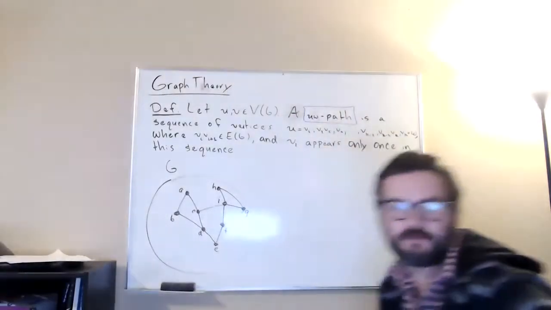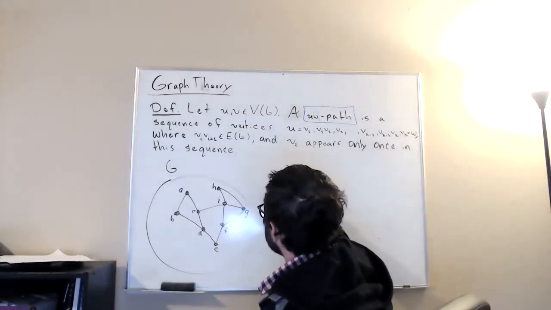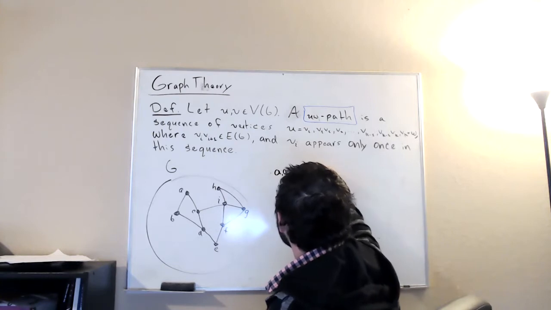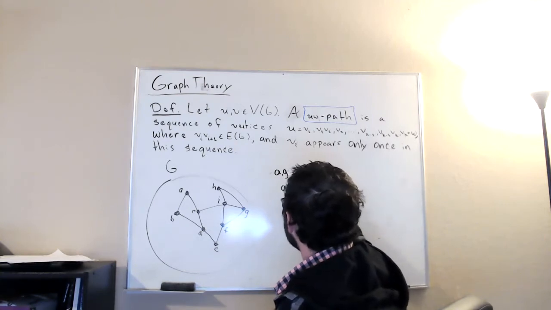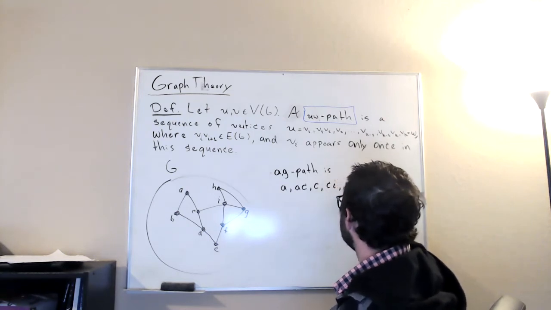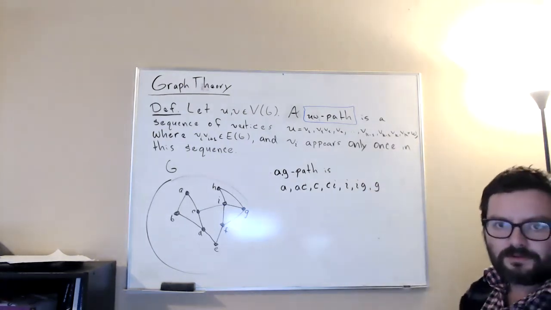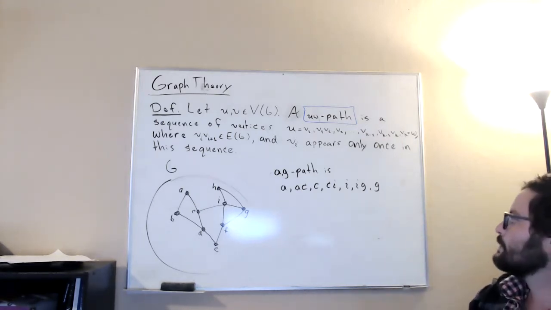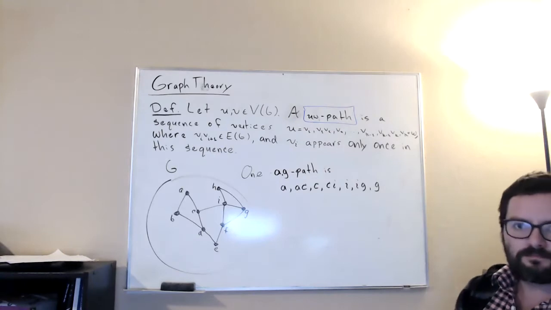So here we have some graph, and then I'll say that an AG path is A, AC, C, CI, I, IG, G. So that's one AG path.